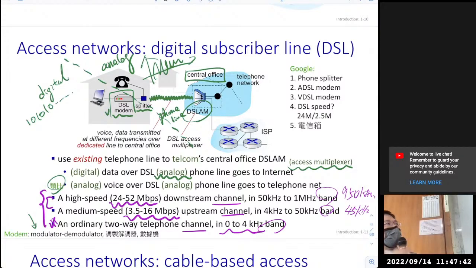So the downstream means from the right hand side to the left hand side. Downstream 就是从右到左。So the upstream is from left hand side to the right hand side. Means we have to upload our data. For example, to send an email, to upload a file, something like that.